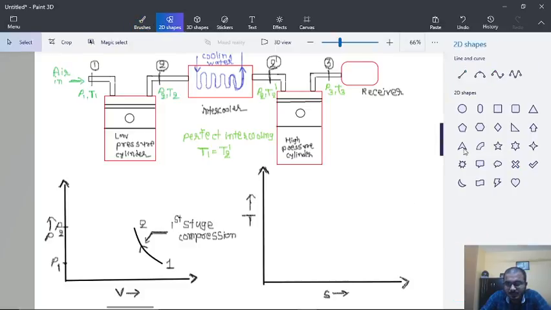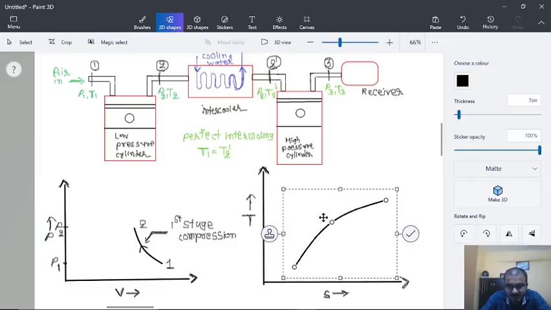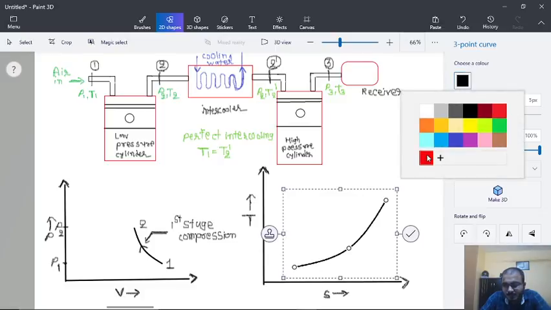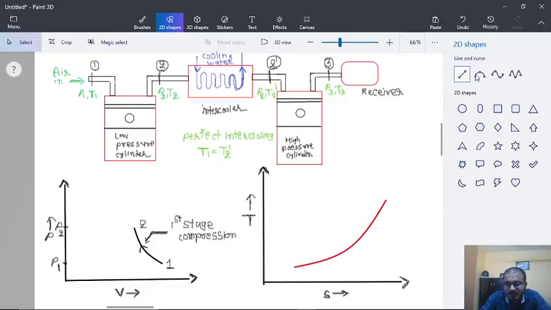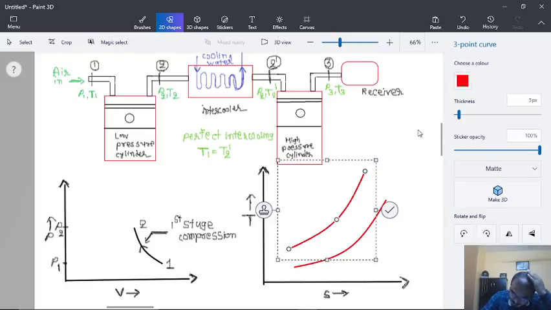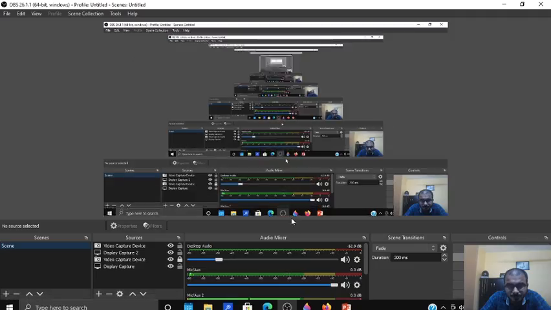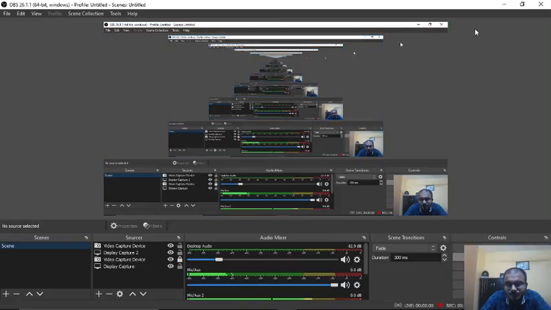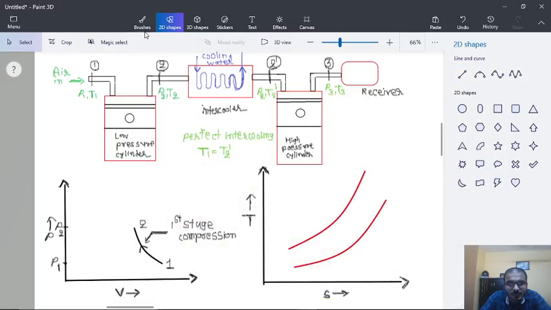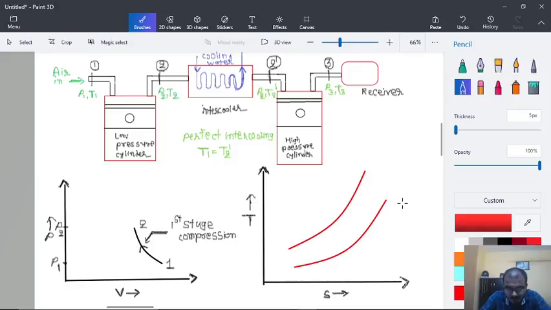Now let's draw the TS diagram. First we need to draw the constant pressure lines. This is the constant pressure line for pressure P1. Then we will have the constant pressure line for pressure P2, like this. So we can say that this is for P1 and this is for P2.